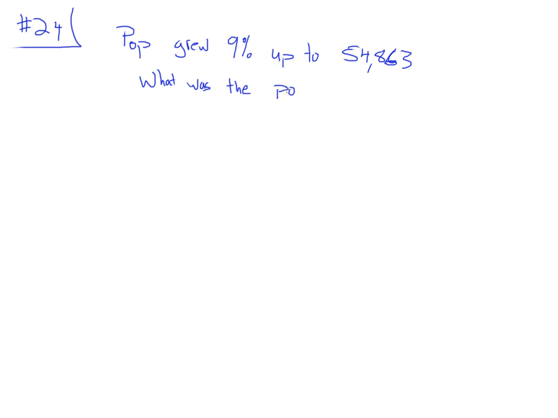So I'm going to just write pop again for population. Okay, so what was that original population? So we are now at 54,863, and it grew 9% in the last year. What was it a year ago?